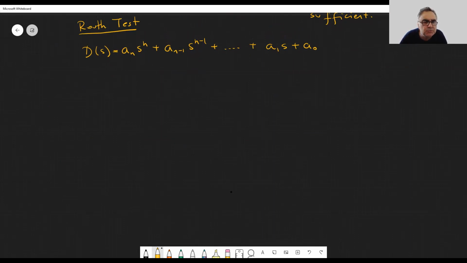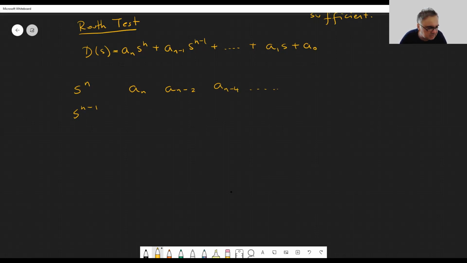The first two rows we will write, let's call it s^n here, s^(n-1). The first two rows are, you start with a_n, then you skip one and go to a_(n-2), that is, you skip one, then you go to a_(n-4), etc., and go on, to form the first row.